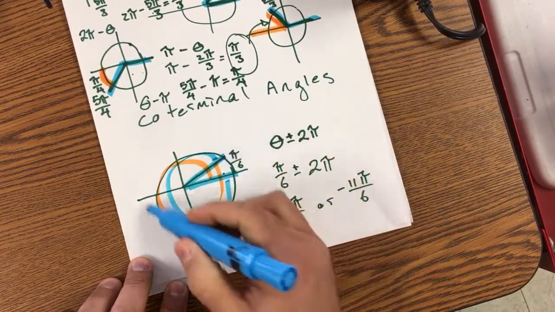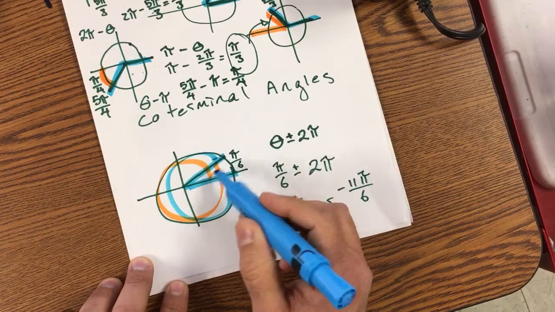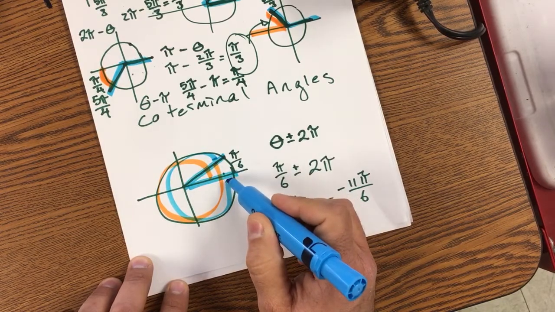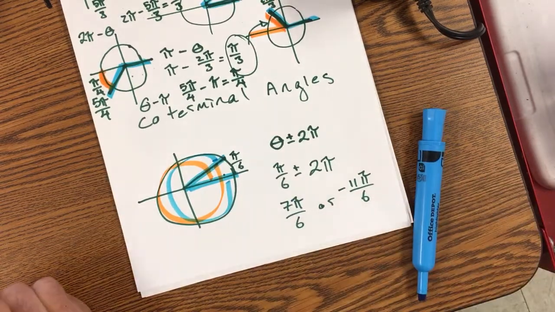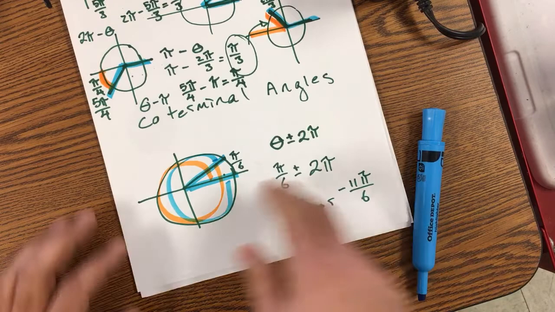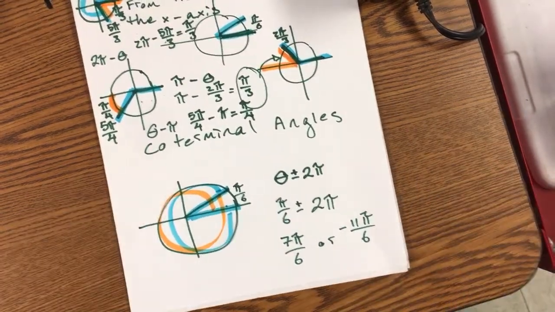So when I went the first way, I was subtracting 2 pi, I was going negative. And when I'm going this way, I'm adding 2 pi, so I'm positive. So when we're doing these, we're just going plus or minus 2 pi's. On all of these, we're just going plus or minus 2 pi's when we're doing coterminal angles.